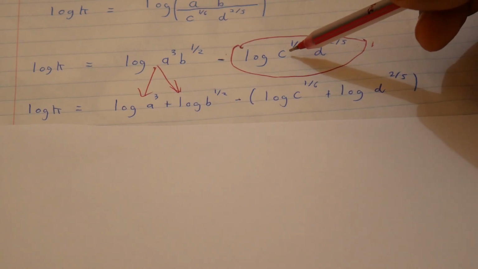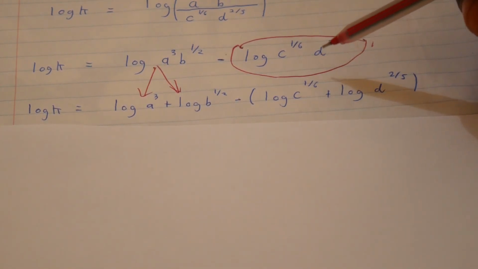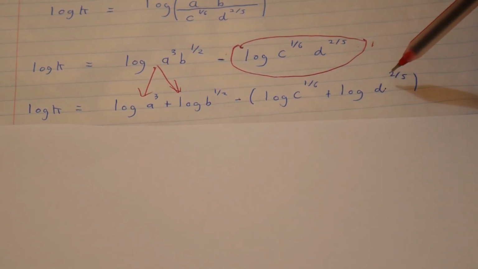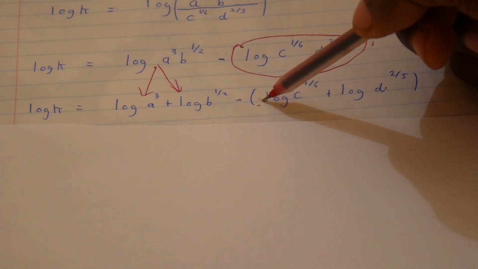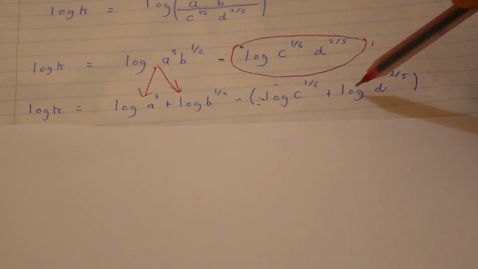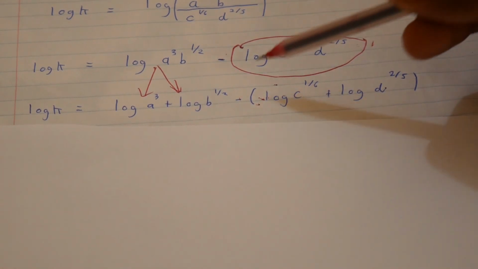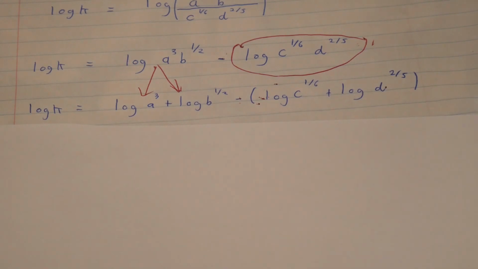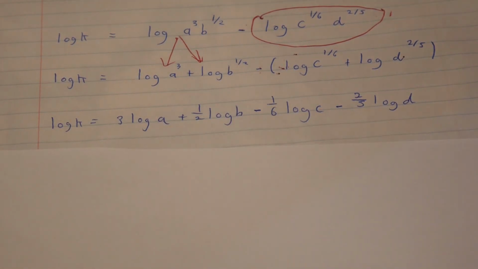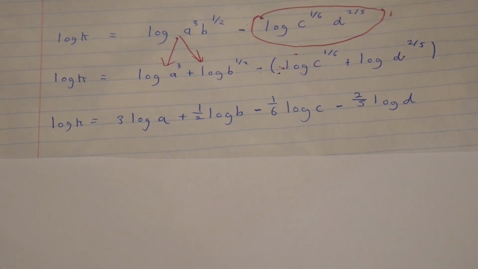So I'm gonna split this into log c to the 1/6 power plus log d to the 2/5 power. If you don't put a bracket, the negative would only govern this first term, and this second term would remain positive. Now the second term is negative, because when you multiply out the negative, the brackets, you will see that the log d to the 2/5 is actually negative. Now when you simply multiply out the bracket, you have split the log as much as you could possibly split.